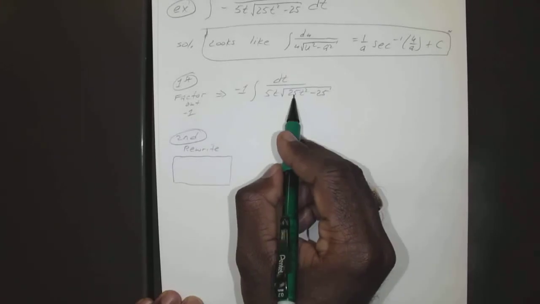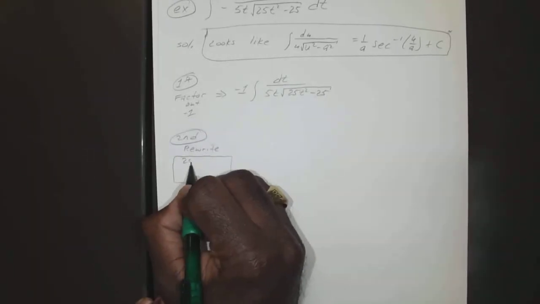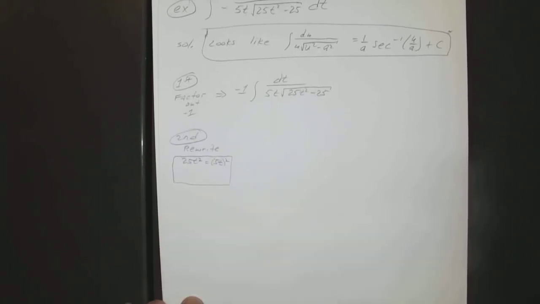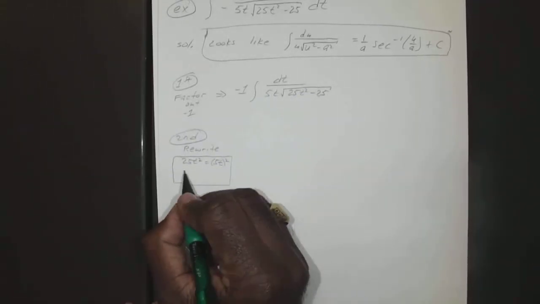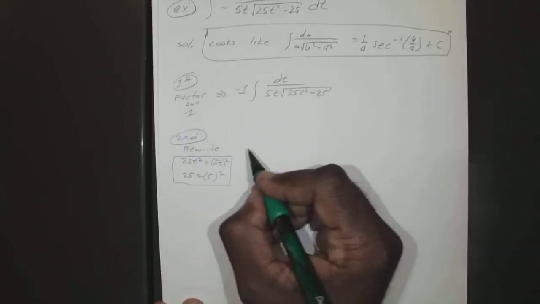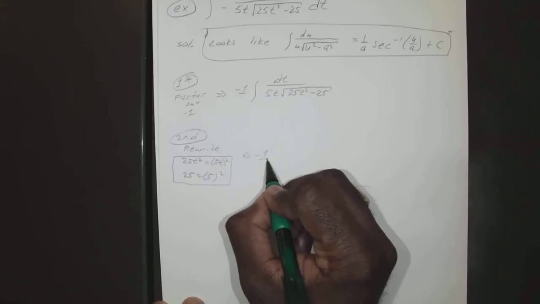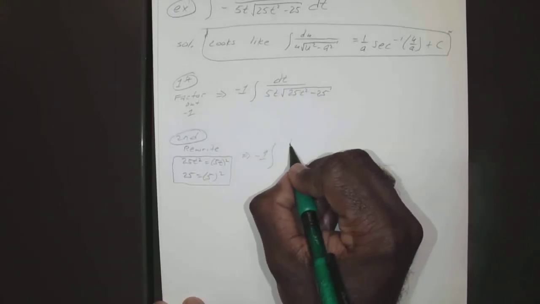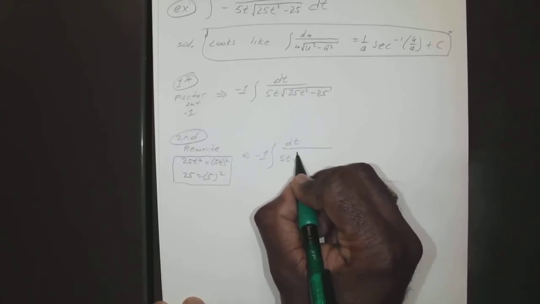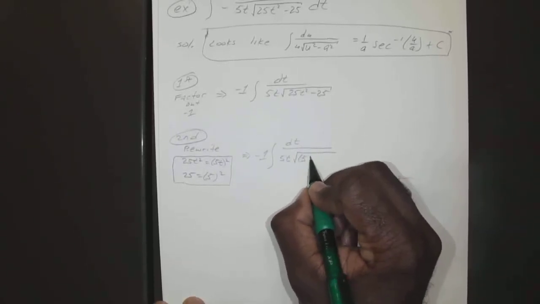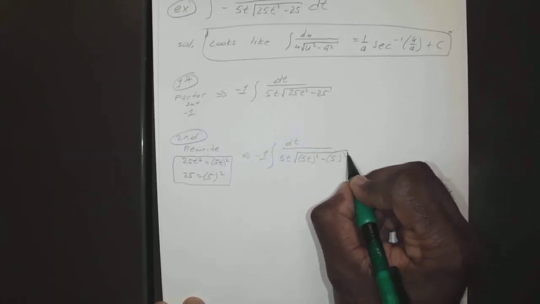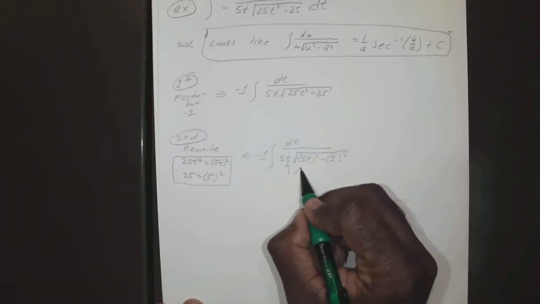Once again, we have our 25t squared equals 5t squared. And 25 is just 5 squared. So that gives us -1 times the integral of dt over 5t times the square root of 5t squared minus 5 squared. Okay, so these two u's have to match.